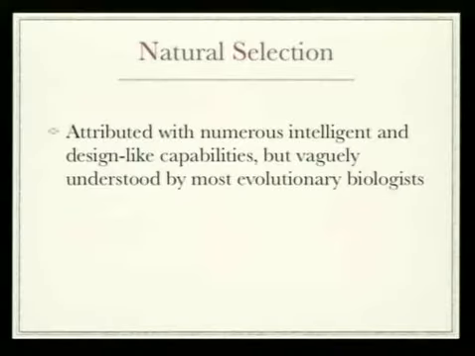They're often used in evolutionary scenarios. Now, one of the problems that we have faced in the past is that natural selection was only vaguely understood by most evolutionary biologists up until maybe a decade or two ago.